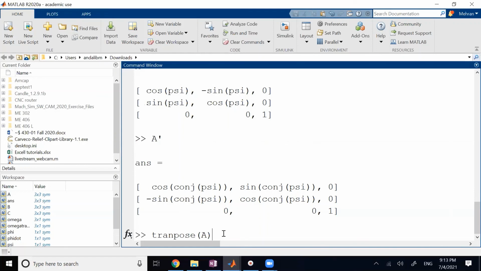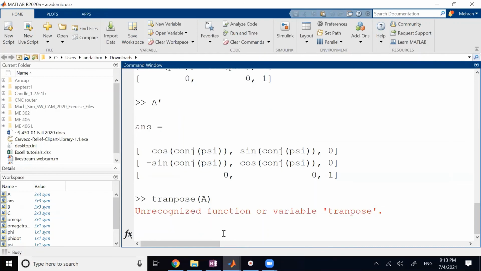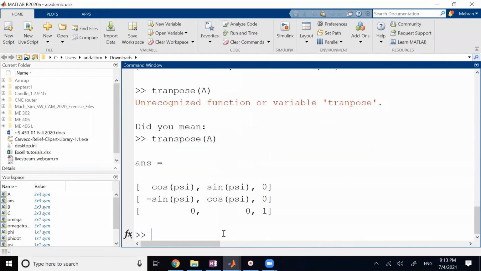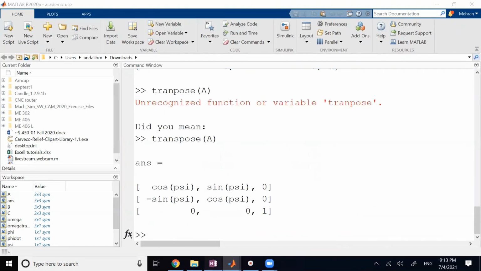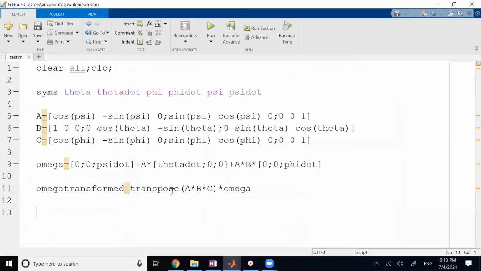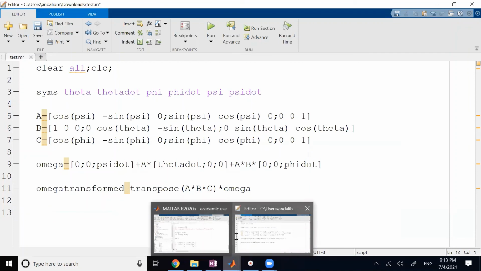For a regular vector with numbers, they both do the same thing. For symbolic, the command transpose acts better. It doesn't bring in this conjugate and stuff. So that's why you see here, I use the command transpose and I did not use the quotation mark for transpose. But that's basically all it is if you want to do it all symbolic.